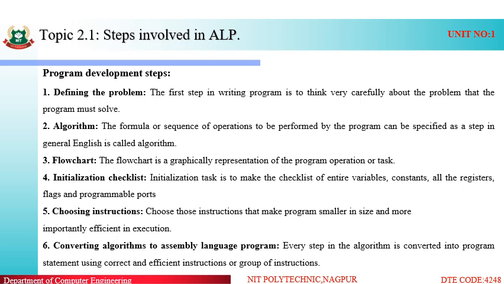The first step in the algorithm will be take first number, second step will be take second number, third step will be add first number with the second number, and fourth step will be get the result. So this will be the algorithm. With the help of flowchart we can represent it with various symbols.